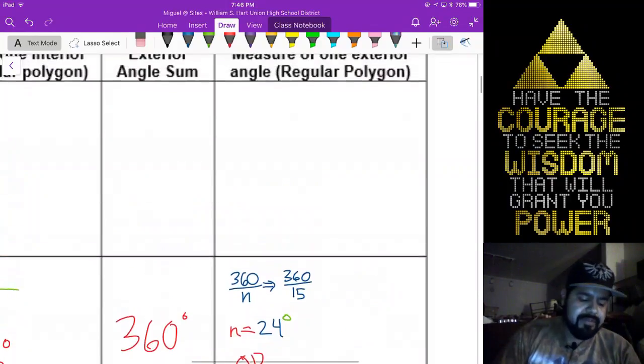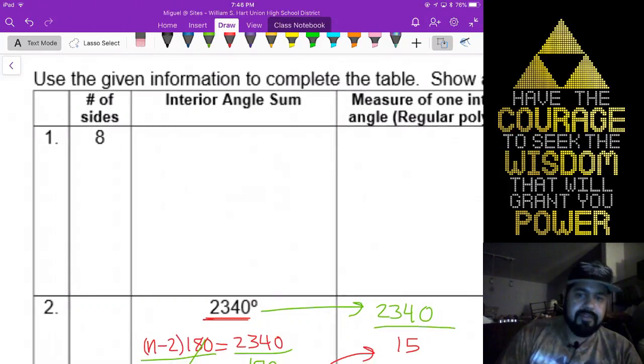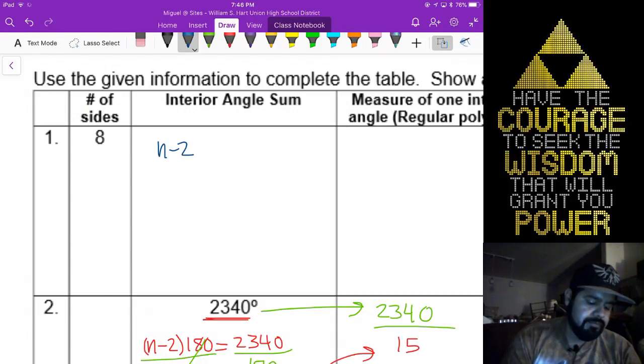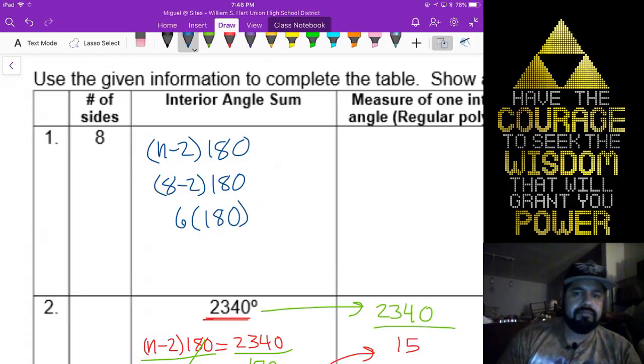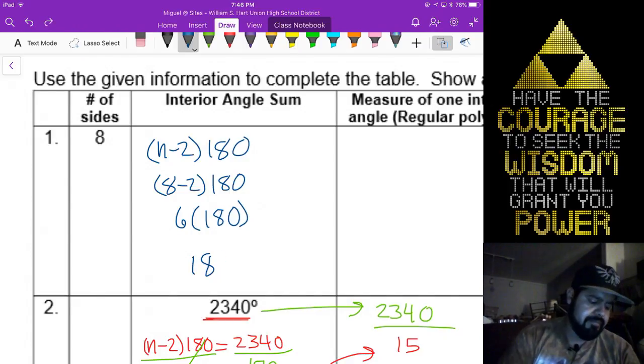You would do that if you know your number of sides, for like number 1, which I believe is 900. No. 1080. I don't know why I thought that.